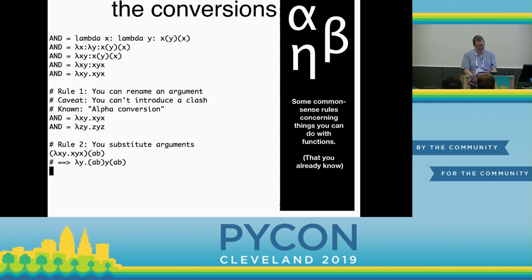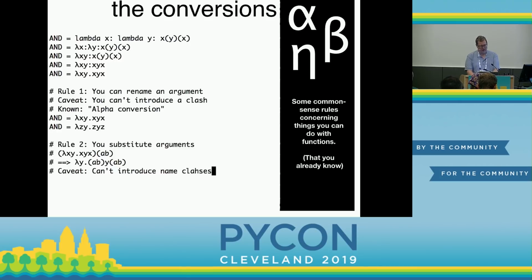I don't want to dwell on this too much, the substitution thing, but the gist of the idea is that you can substitute the arguments. You literally take the argument and paste it into the thing. There is also a caveat that you can't introduce name clashes.